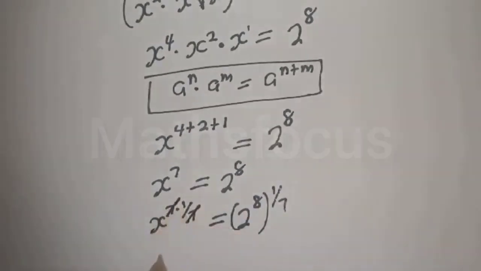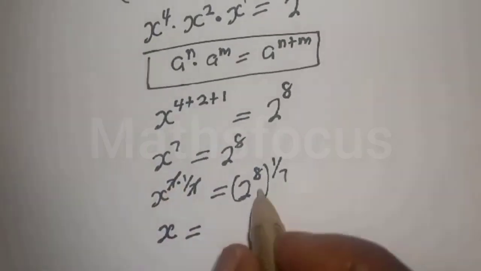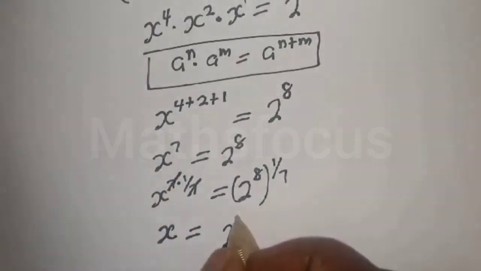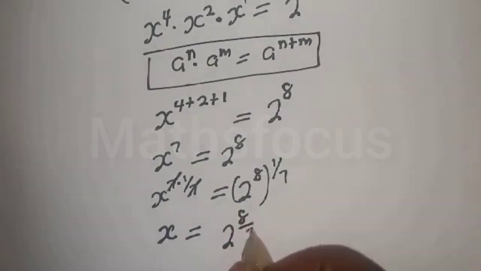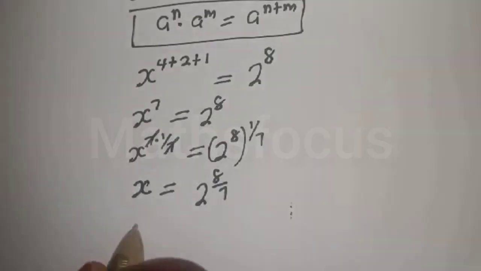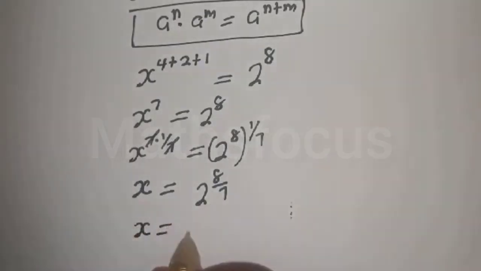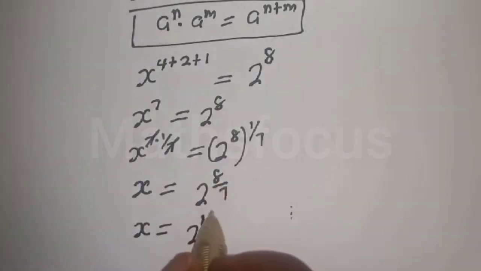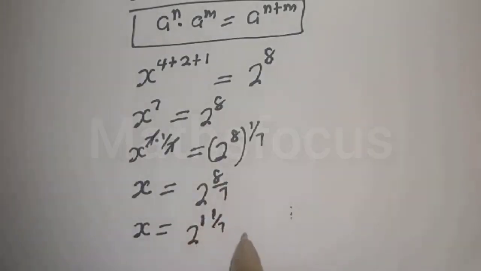This will cancel this. S is equal to 2 raised to power 8 over 7. And s is equal to 2 raised to power 1 over 7.